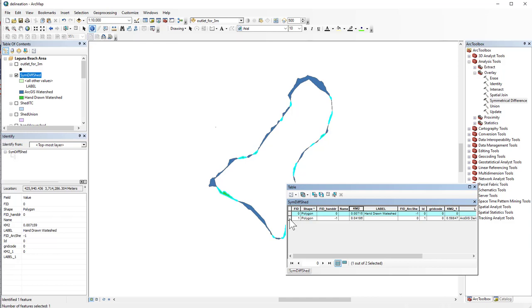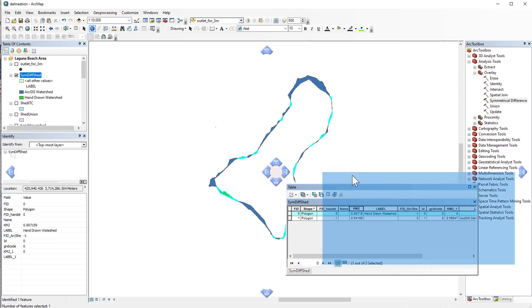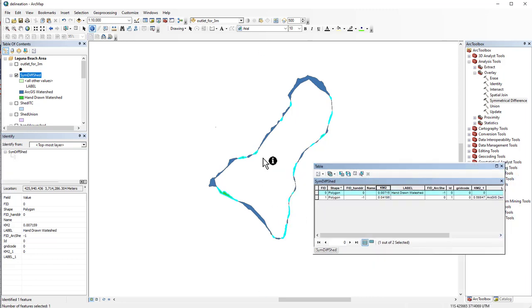So you have a way of getting at, using symmetrical difference, those areas that are not part of that 91% overlap, the 8% or so, where they were different between the two inputs.